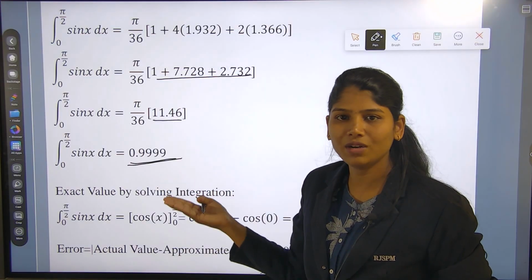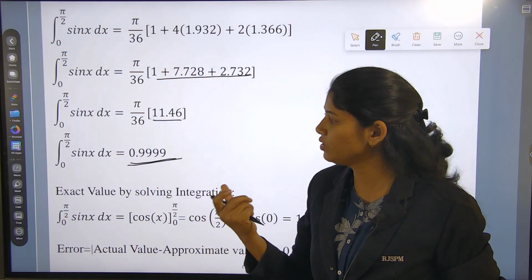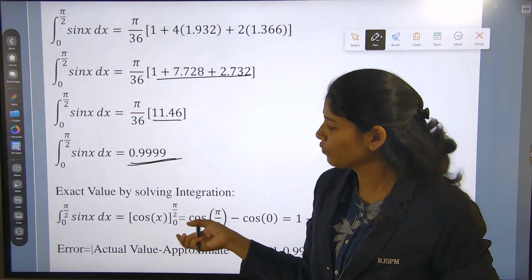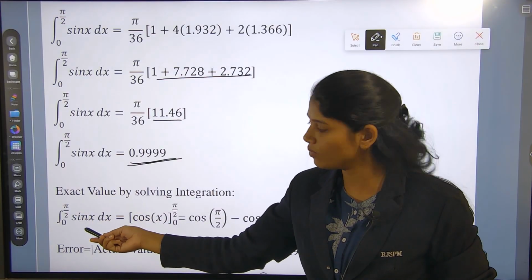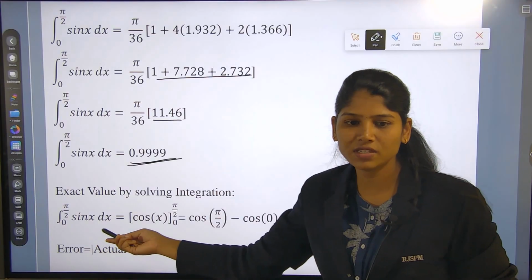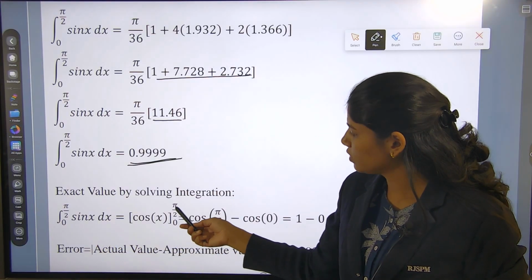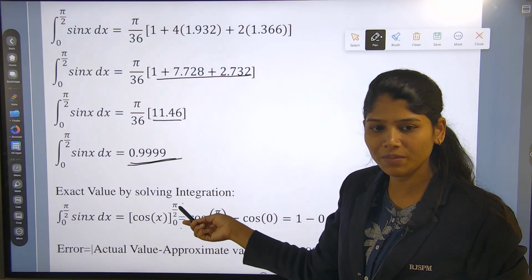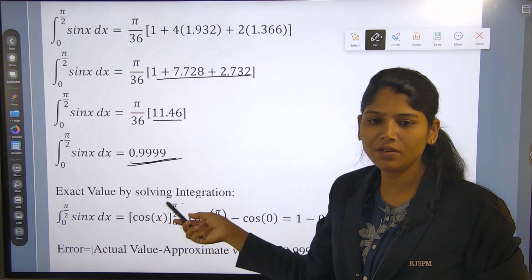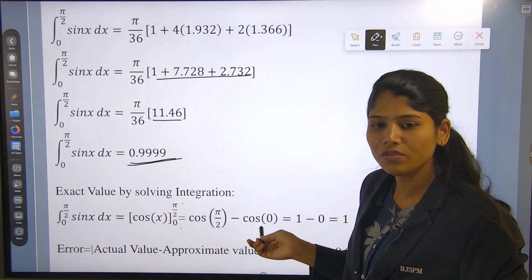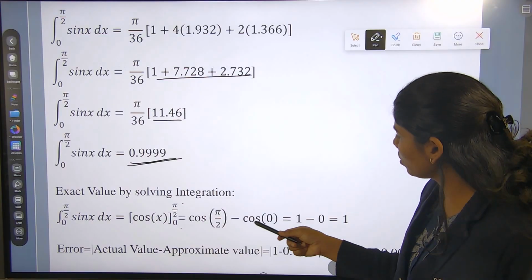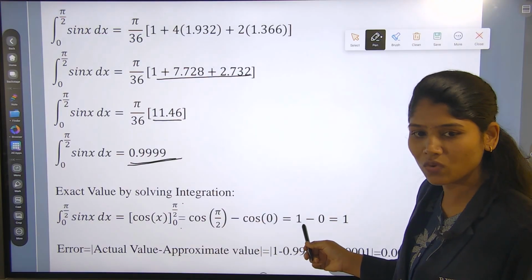Then find out the exact value. If we mention, find out the error. Then so 0 to π/2 sin x dx. The integration for sin x dx is −cos of x, lower limit, upper limit. First put upper limit minus lower limit. So cos π/2 minus cos of 0. So we get here cos of π/2, answer is 1.